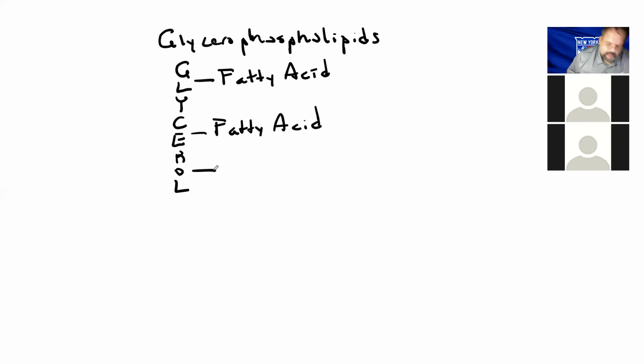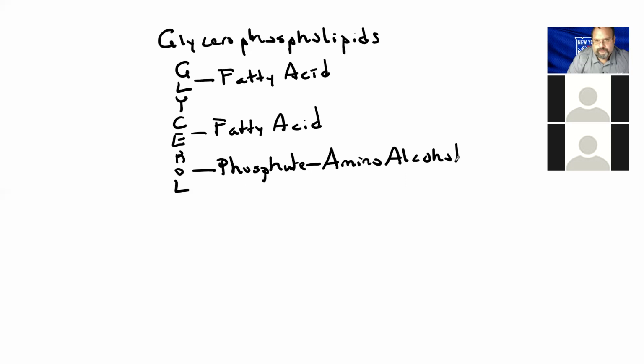But in that third location, that third OH of glycerol is not going to be linked up to a fatty acid. Instead, the glycerol is hooked up to a phosphate group, and the phosphate group is hooked up to what is known as an amino alcohol.